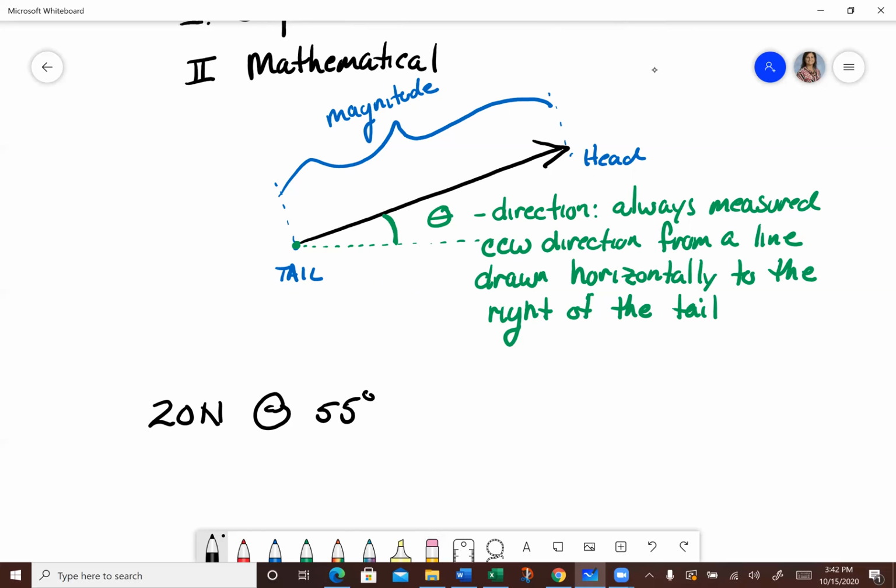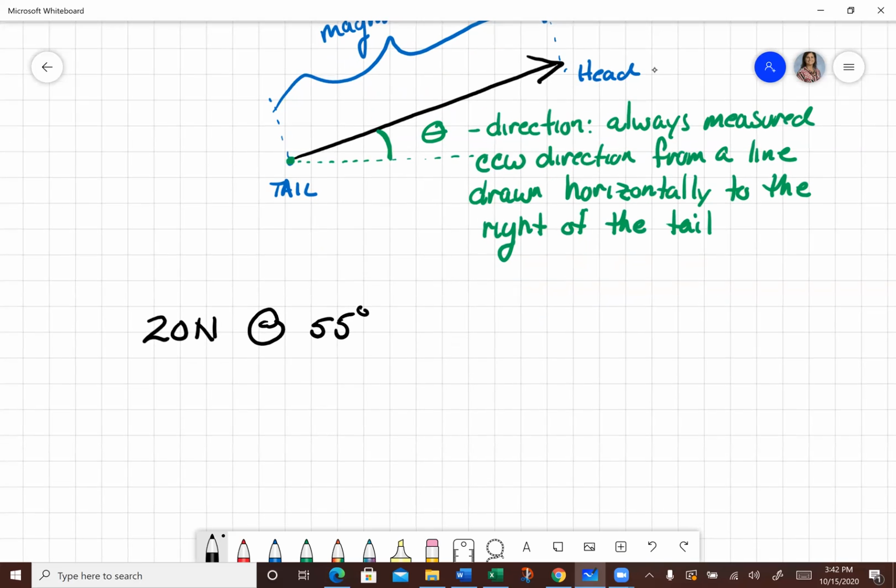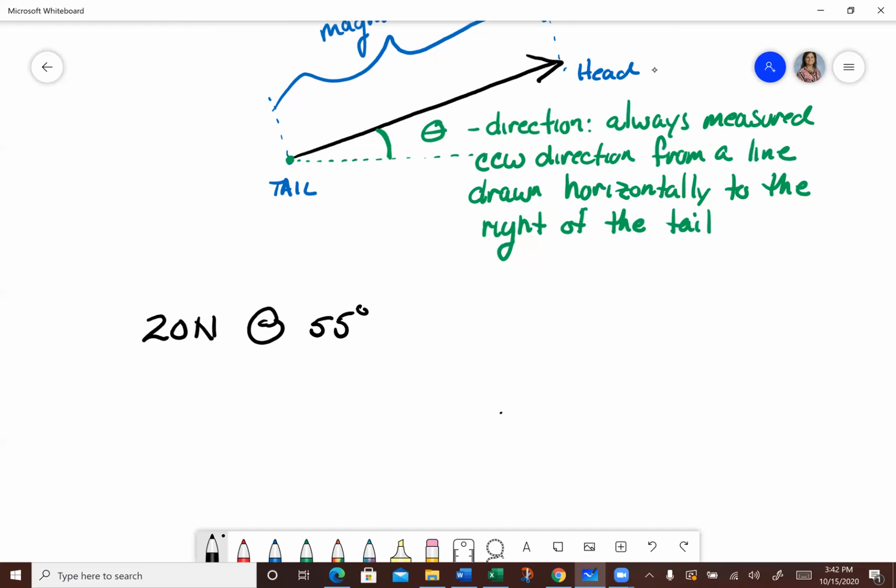So if I want to draw something to represent that vector, I need to start somewhere. So I put a dot on my paper. I need the horizontal line as a reference point. I need to get my protractor, and I'm going to lay down my protractor. So I'm going to sketch out what would look like a protractor here. And we're going to mark off on that protractor.